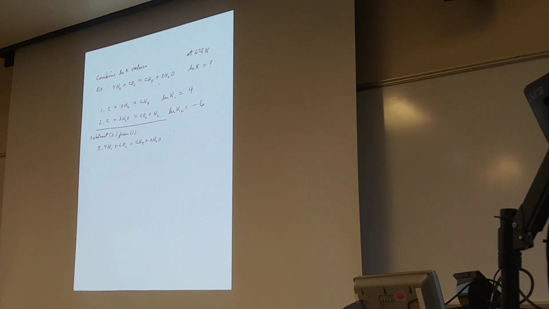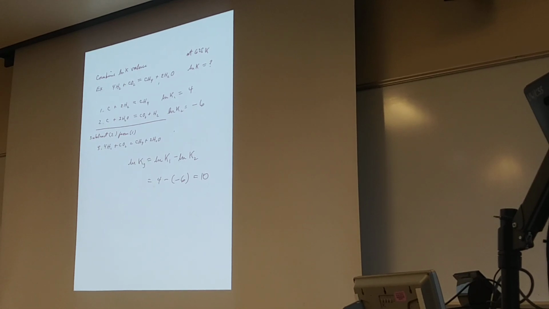So for this one, log K that I'm interested in, if I'm subtracting 2 from 1, so log K3 should be equal to log K1 minus log K2. So what I've got is 4 minus (-6) is equal to 10.